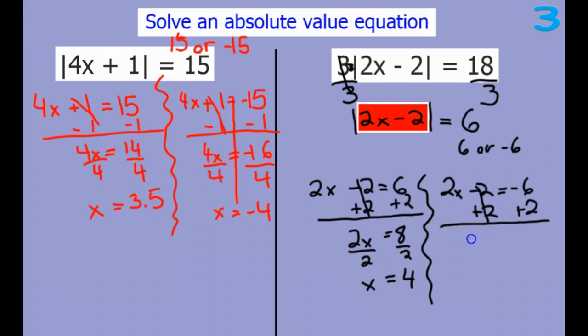Those cancel out. What we're left with is 2x equals negative 4. If we divide by 2 to get x by itself, we get x equals negative 2. So our two solutions are x equals 4 or x equals negative 2.